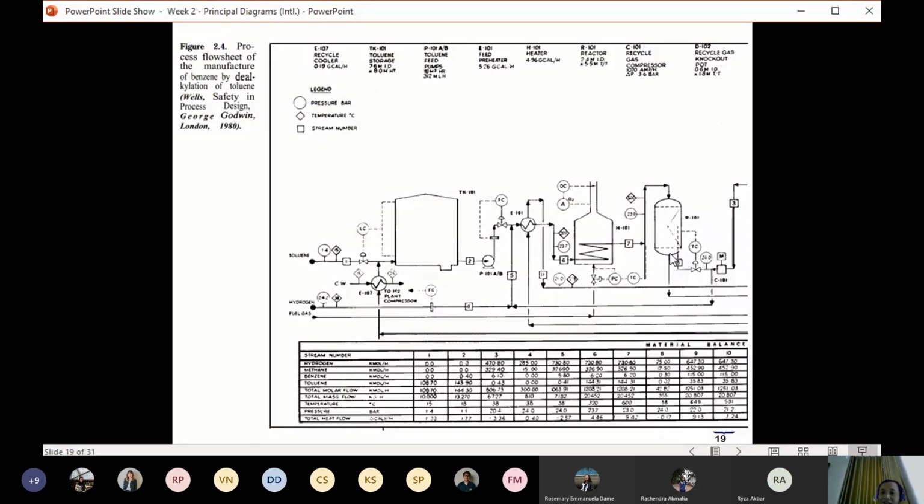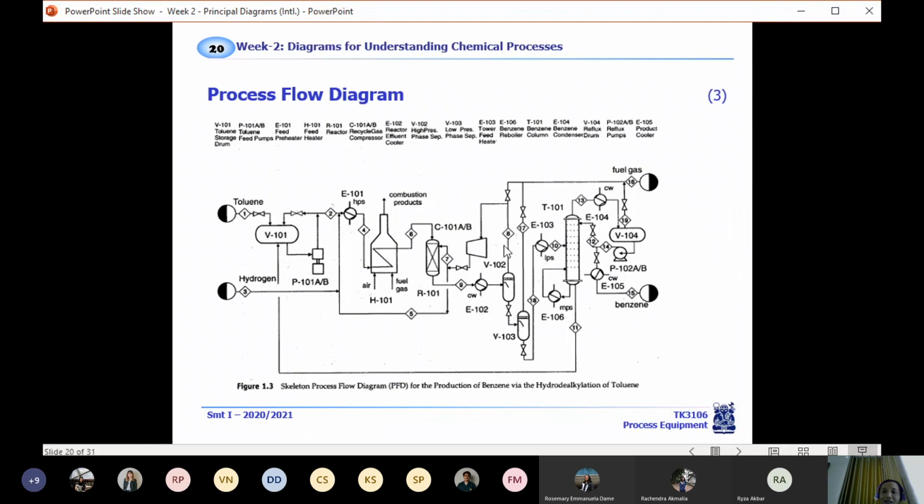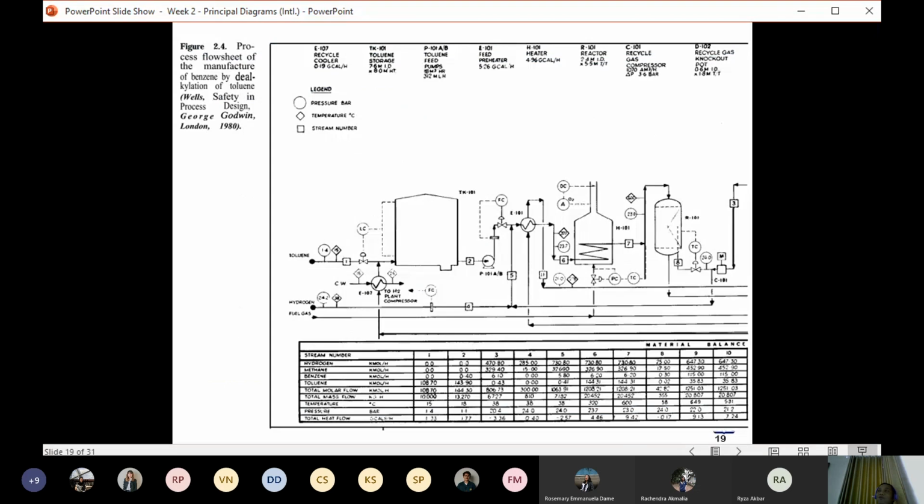The symbol of the reactor, look at this one, is the same. The difference is the way the lines connect from one to the others. That is the style of the drafter or chemical engineer, but usually they use the same symbol.